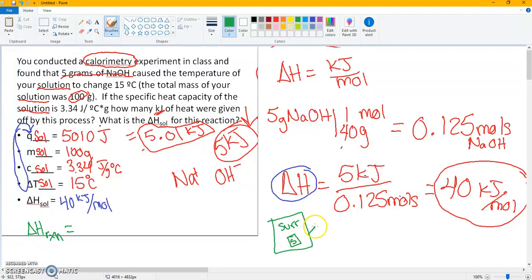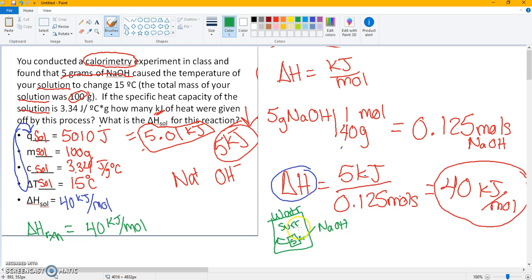In this case, the sodium hydroxide was the thing that broke apart. That's my system. And the water was my surroundings. So whatever energy my sodium hydroxide gave off, my surroundings, or my water, the solution, had to absorb. So I know that this value is exactly the same, 40 kilojoules per mole.